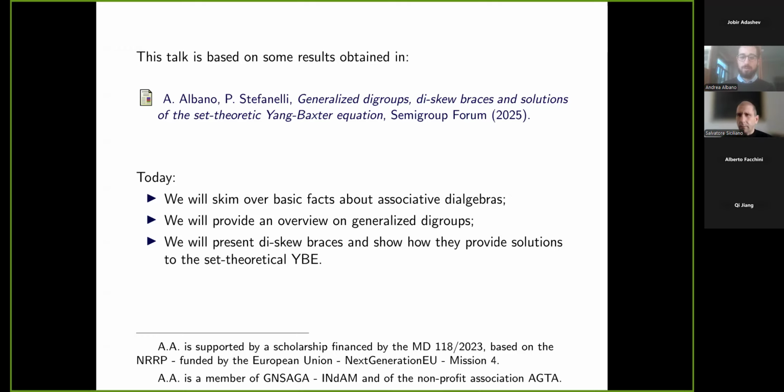In the second part, I will specifically talk about generalized digroups, which is an interesting structure that arose with the aim of splitting the notion of groups. In the third part, we will see how with generalized digroups we can produce non-degenerate solutions to the set-theoretic Yang-Baxter equation. So let us start from the beginning.